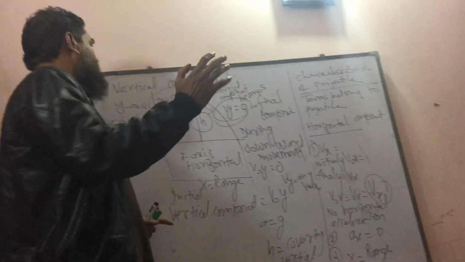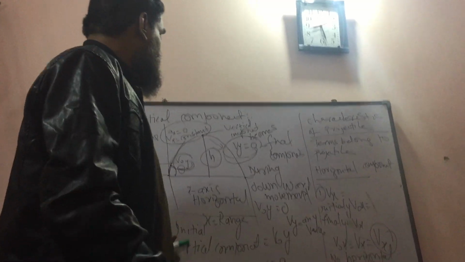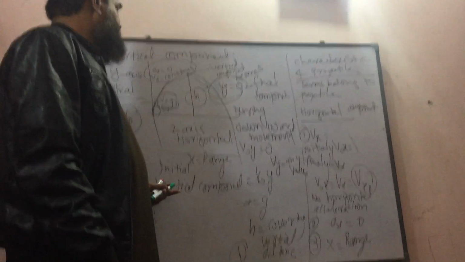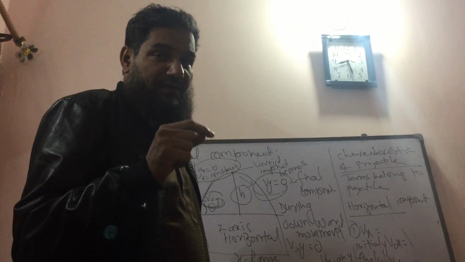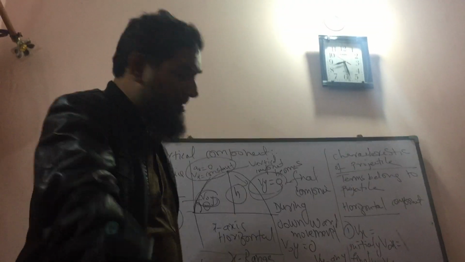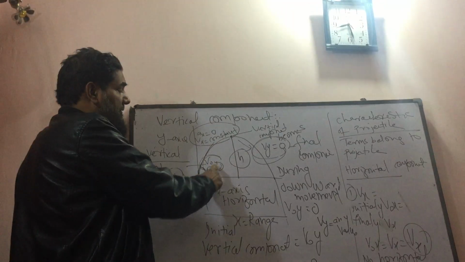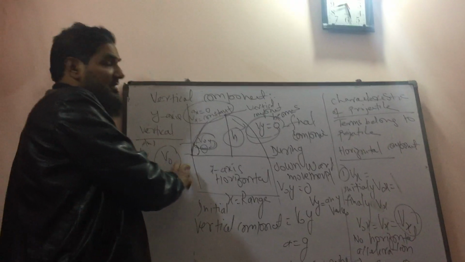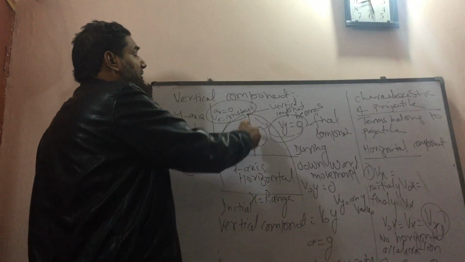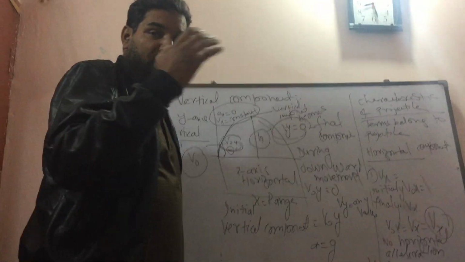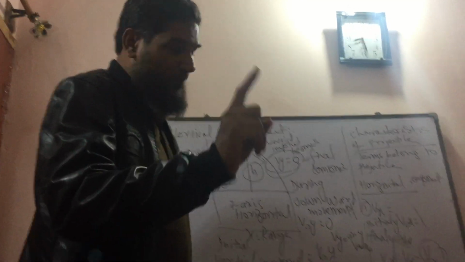Secondly, we come to the vertical component, where the vertical velocity changes. Basically the initial component is v naught y. When the object starts moving it has a value v naught y, but when it covers height and finally reaches height h, the final component becomes 0.